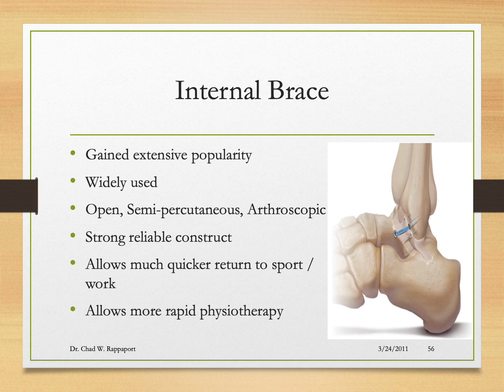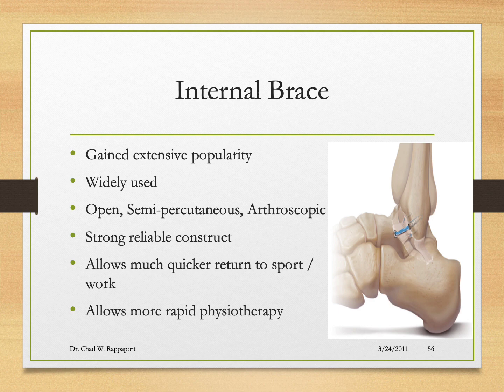Of course, all of this has changed rather dramatically within the last 5 or 10 years as the internal brace construct has gained extensive popularity and now is widely used. It does involve the prototypical Brostrom part of the procedure, but utilizing different suture and bone anchor constructs.